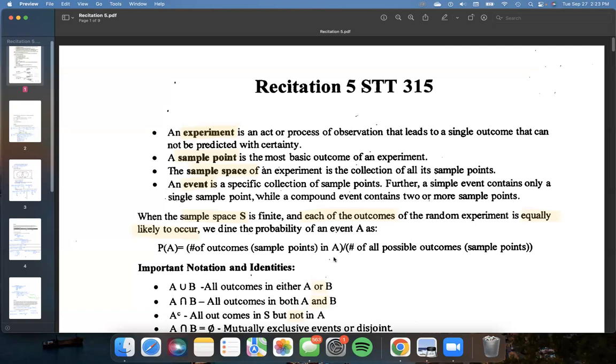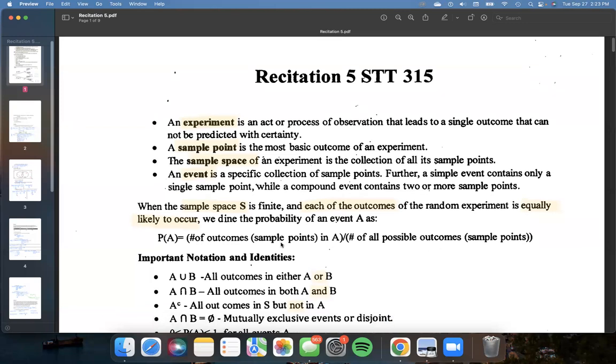So we do that if each outcome is equally likely to occur. So we can take the number of outcomes in A and divide it by all of the possible outcomes.